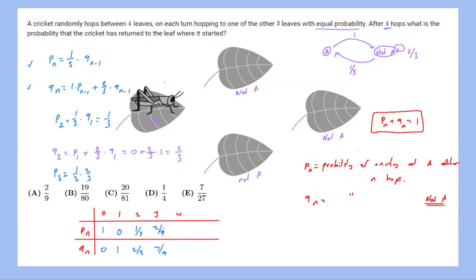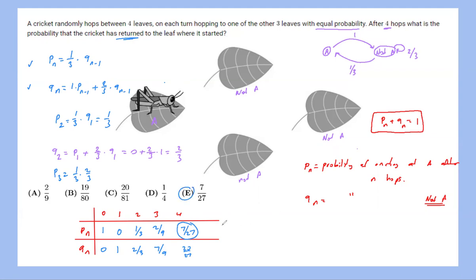If I multiply this by 1/3, that will be 7/27, and this will be 20/27. We were interested in finding this guy. The question was asking for the probability that we return back after 4 hops, which is 7/27.